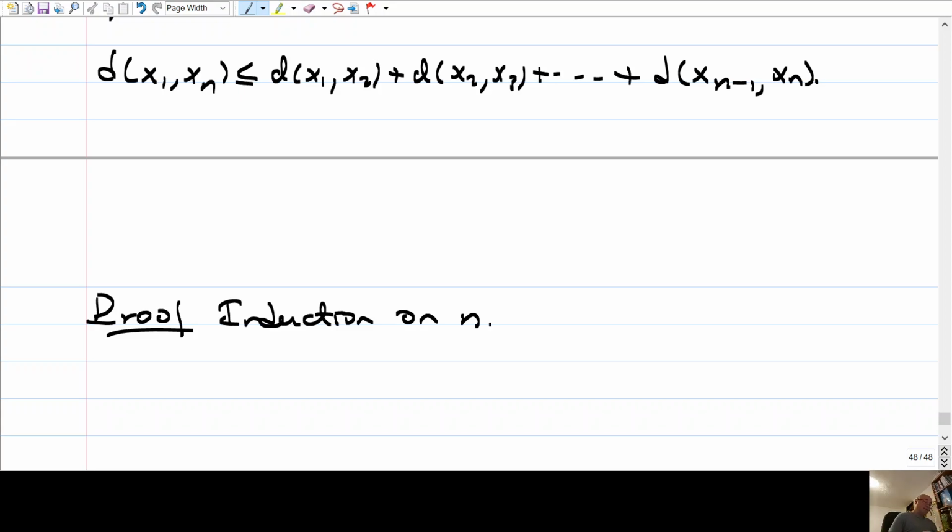Alright, so let's start. We would like to prove this proposition using induction. So for n equals 1, this becomes what? d(x1, x1) is less than or equal to d(x1, x1).